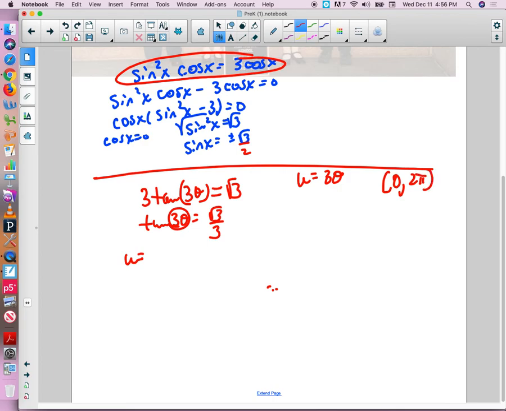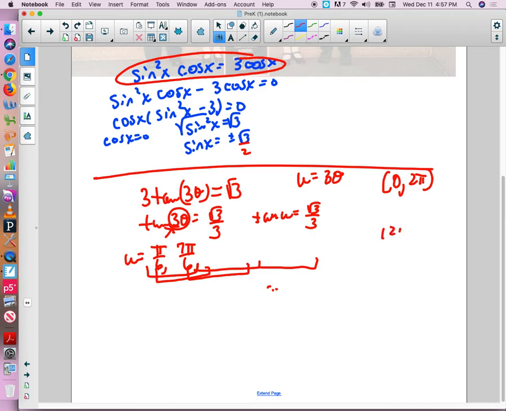So I know that for tan u to equal root 3 over 3, I need pi over 6, 7 pi over 6. But since this is 3 theta, I need to go around 3 complete times. This is 1 rotation. I need to go 2 more rotations. So I'm going to add 2 pi to this and 2 pi to this twice.